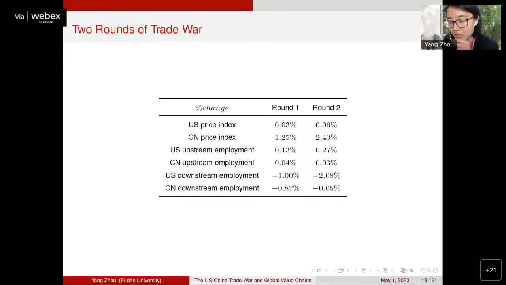If we put it into a dynamic framework, I'm thinking we could add dynamics to the productivity, the big T. For example, we have the growing T in China and the growing T in the United States, and the growing T in China is related to how intensely it trades with the United States, through a learning-by-doing process.